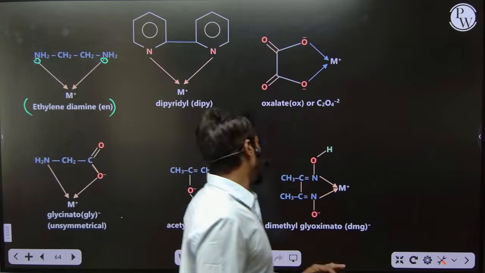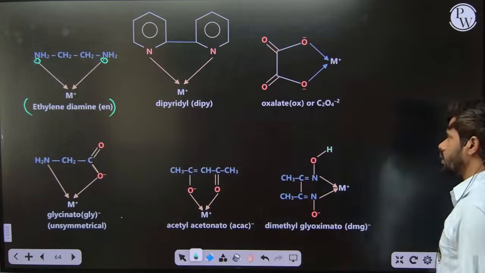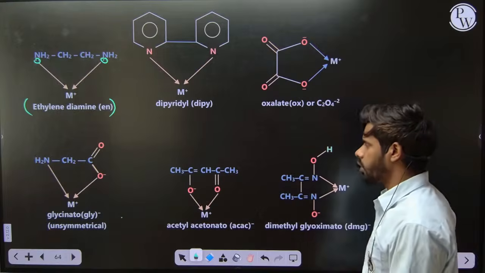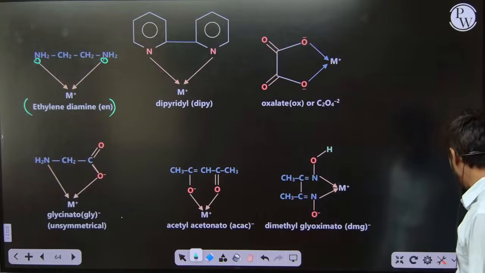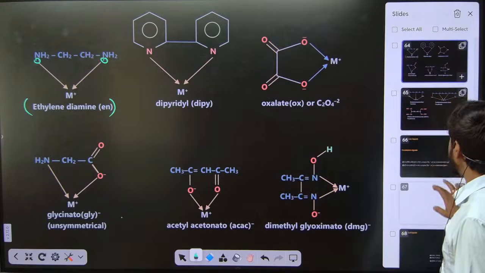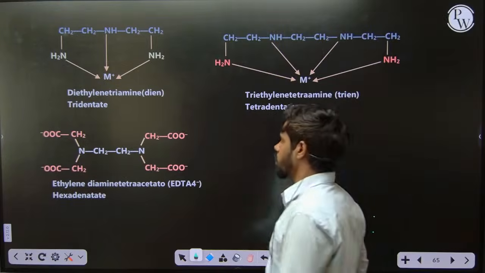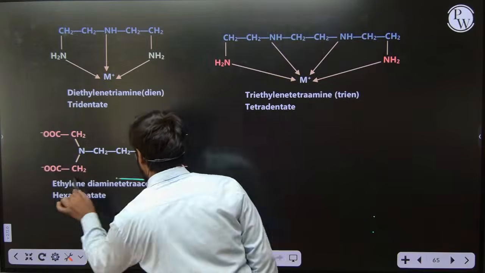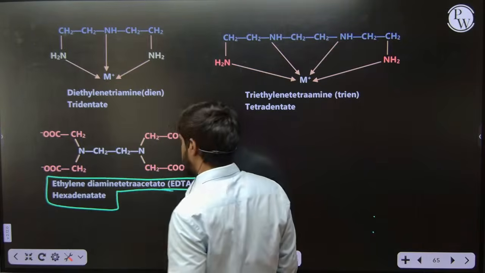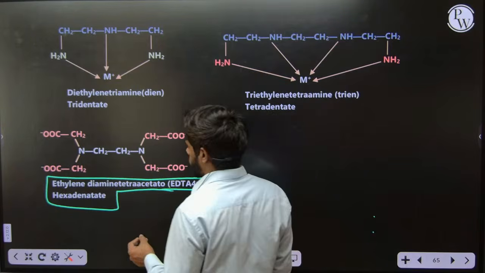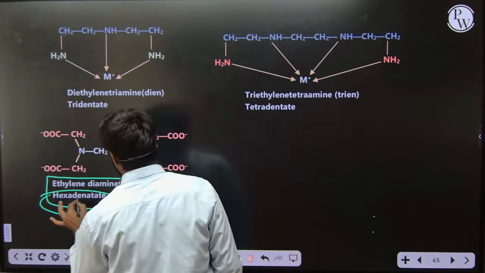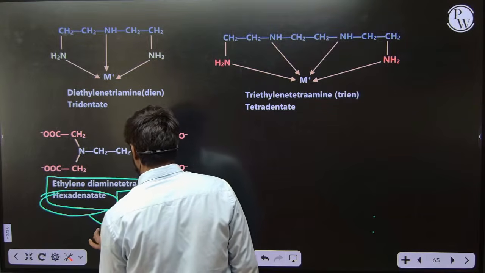So these are the list of ligands given with the denticity of each ligand. It should be remembered: all the ligands you should remember with their denticity. So this is also important. That is EDTA, ethylene diamine tetraacetate, which has a denticity of 6. Denticity, what is it?